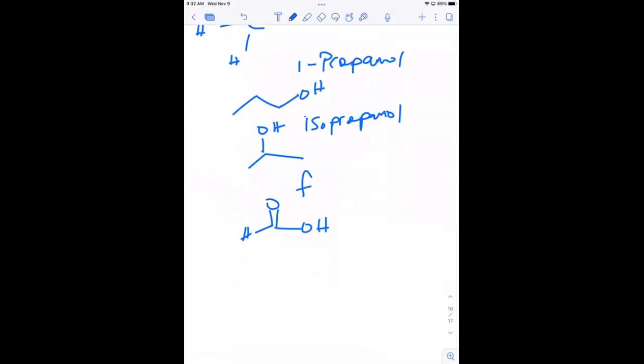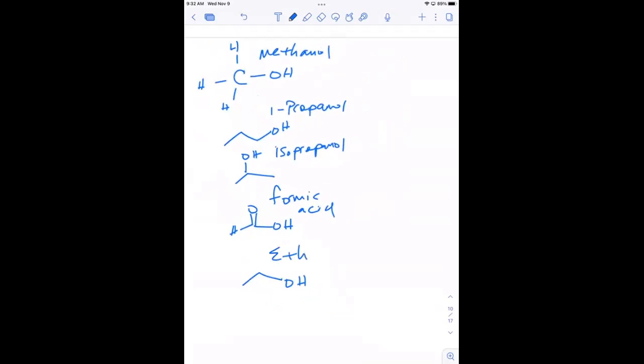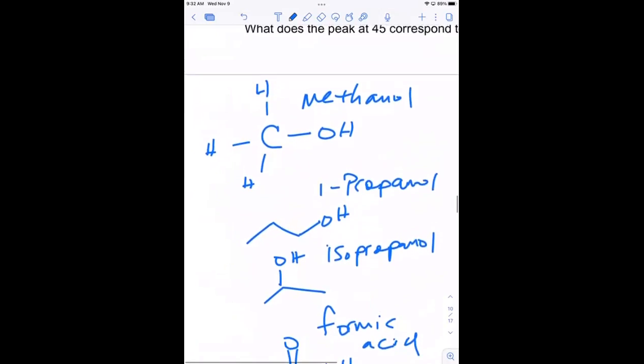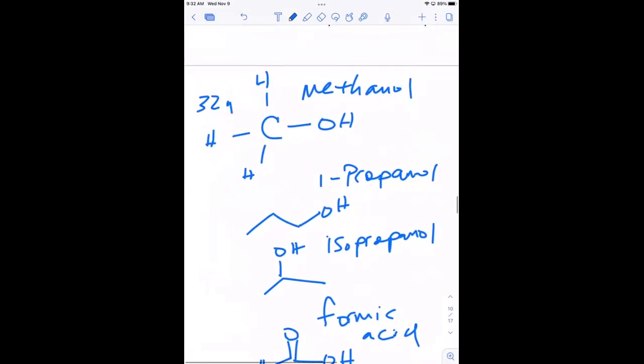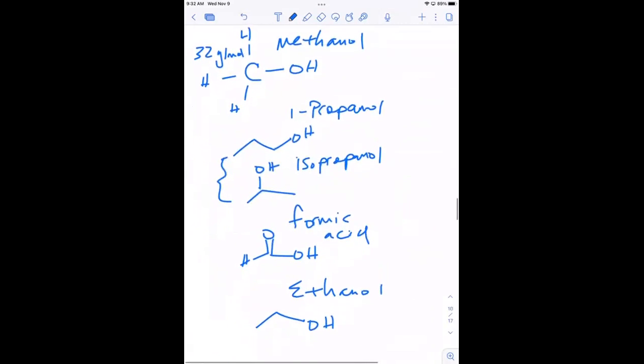And what else? Methanol, right? And then ethanol is here. It's CH3, CH2OH. Right? So methanol we said was 32. These two were 60.09. And then this was 46.